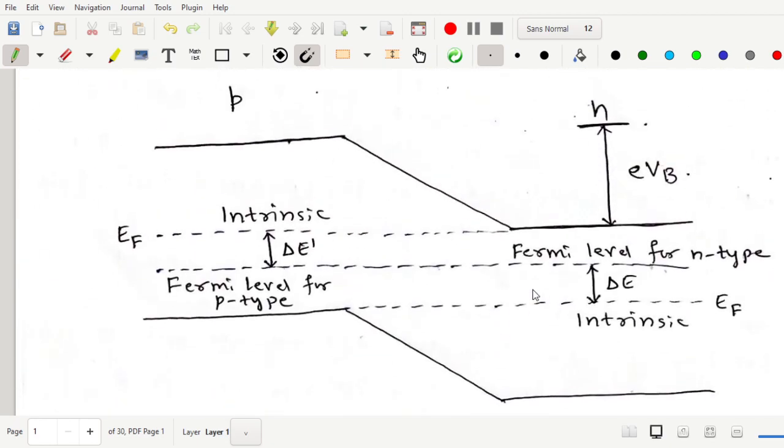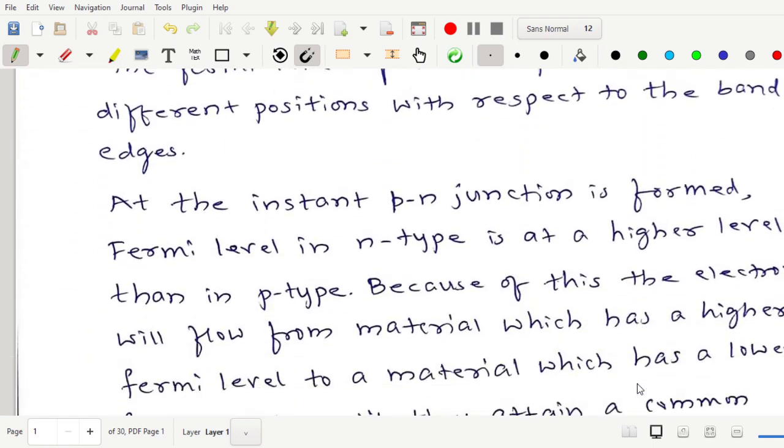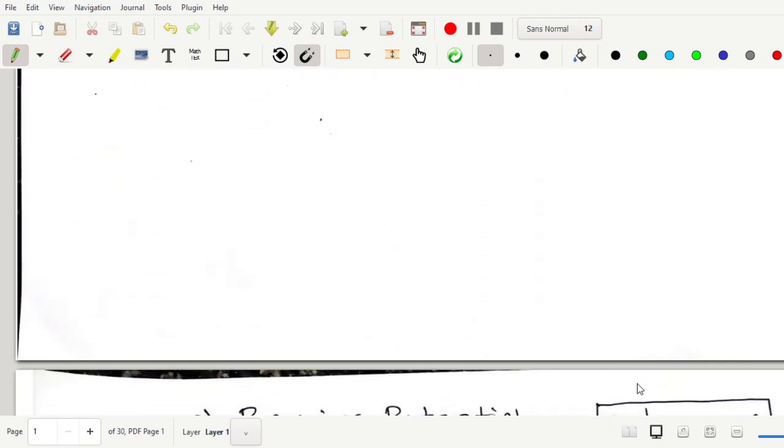So this is the potential diagram of a PN junction. So this is the conduction band on the P side, and this is the valence band on the P side, and here this is the conduction band on the N side, and this is the valence band on the N side. So that's what we have discussed.